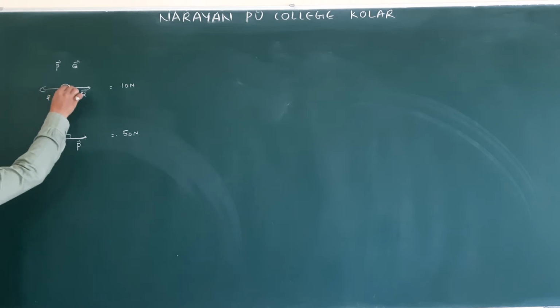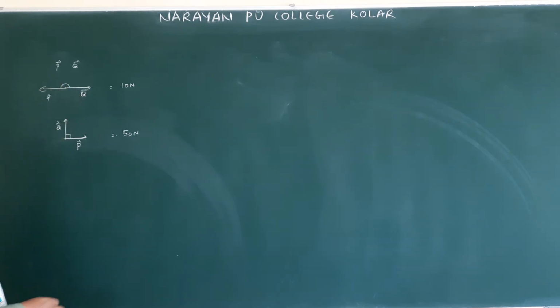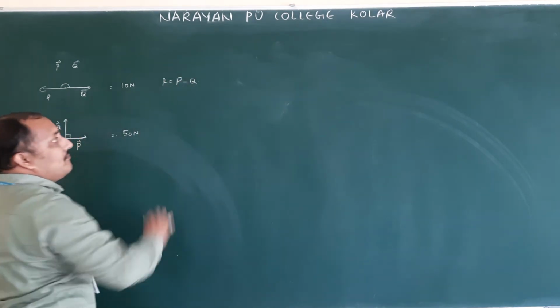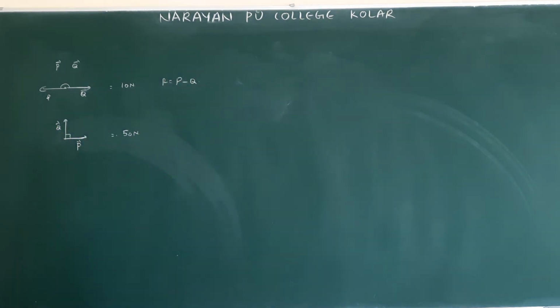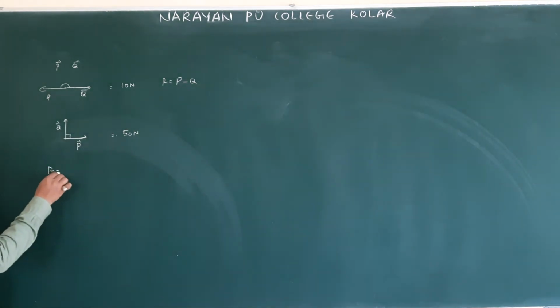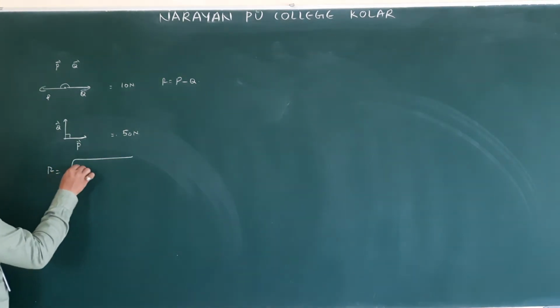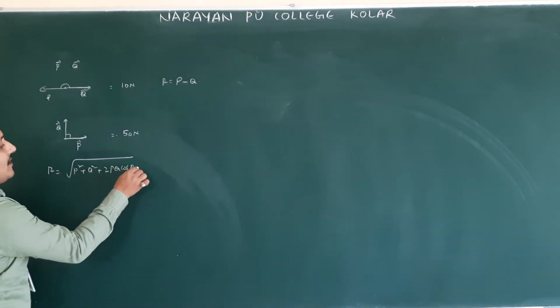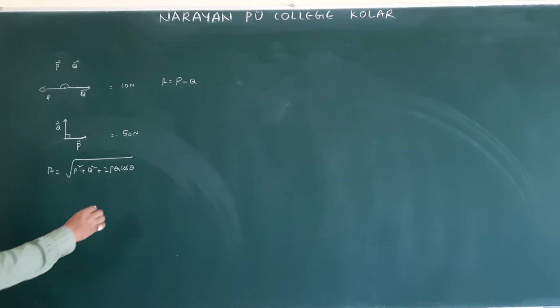So if two vectors are in opposite direction, what is the resultant formula? R is equal to P minus Q. How this one came means it is not coming from the sky. R is root P square plus Q square plus 2PQ cos theta. Both are opposite means theta value how much?